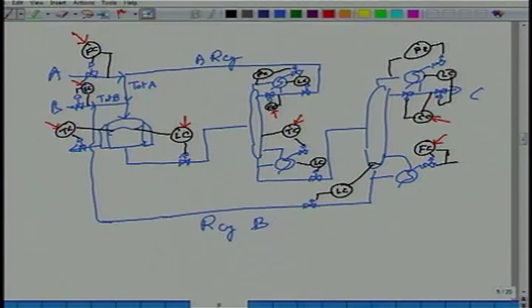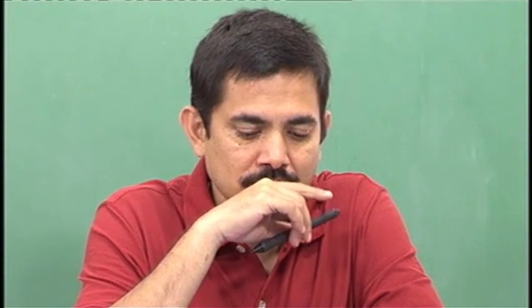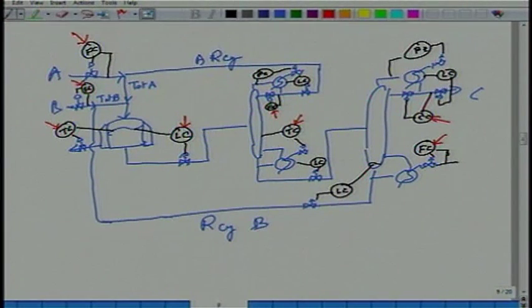Yes or no? Does this suffer from that stoichiometric balancing of fresh feeds problem? Yes, no. Yeah, you are setting the 2 fresh feeds. Reaction stoichiometry is still the same. 1 mole of A reacts with 1 mole of B to give 1 mole of C. Yes or no?